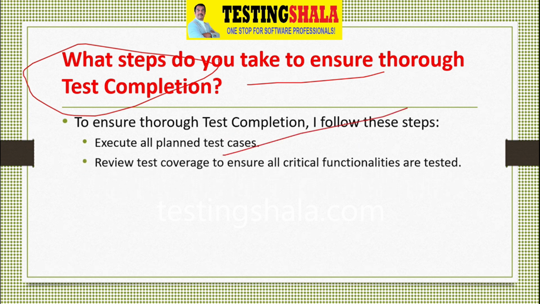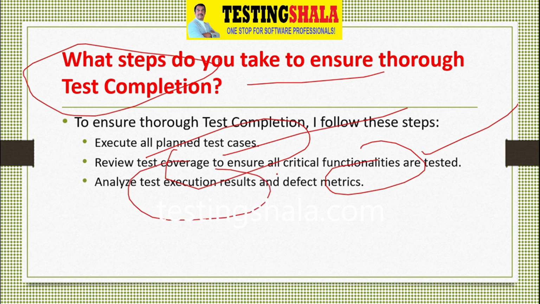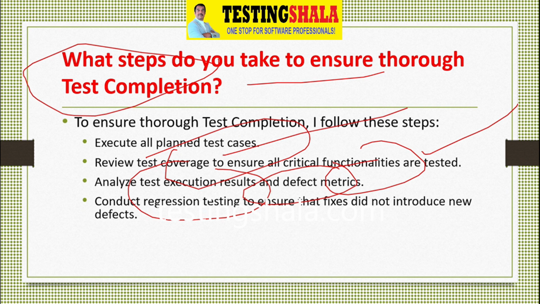And the next one is, you should review all our test coverage, to ensure that all the critical functionalities are tested. And the next one is, you should also analyze whatever tests we executed. We have to analyze all the test results and defect metrics. And we should do thorough regression testing as well, to ensure that whatever we fixed does not introduce any new defect.